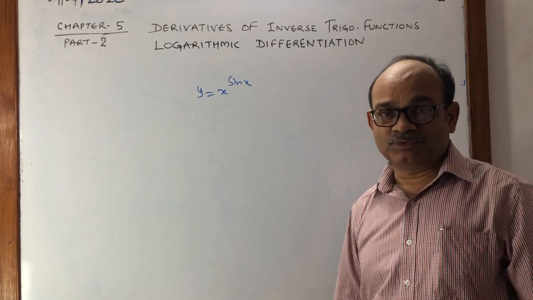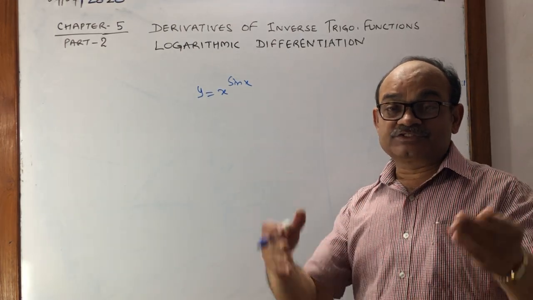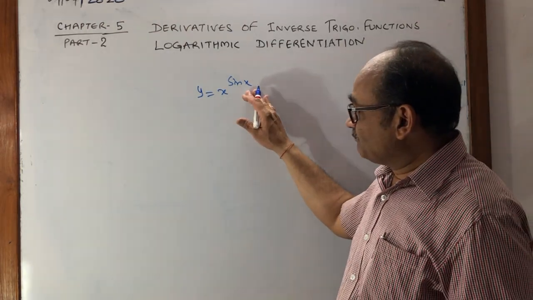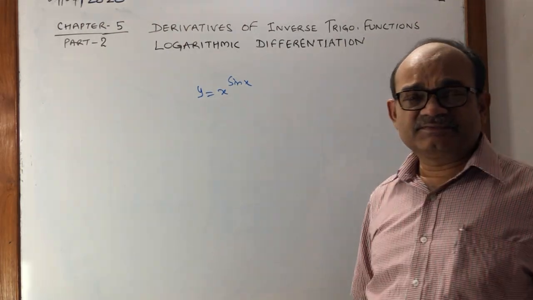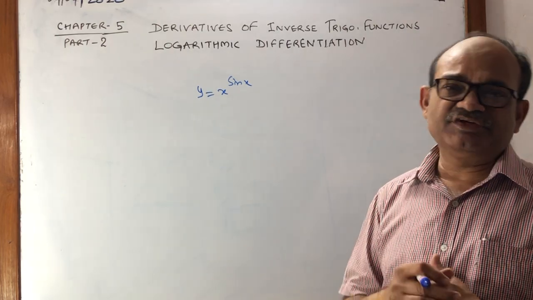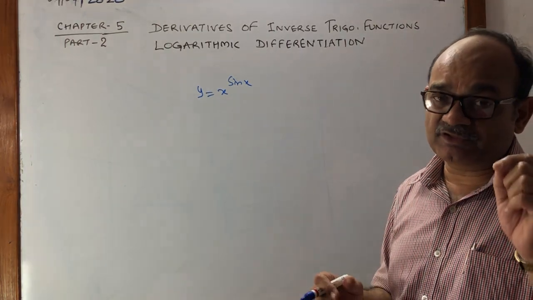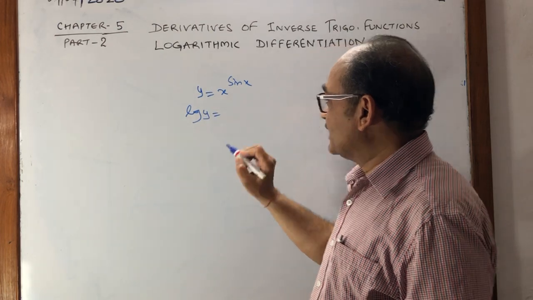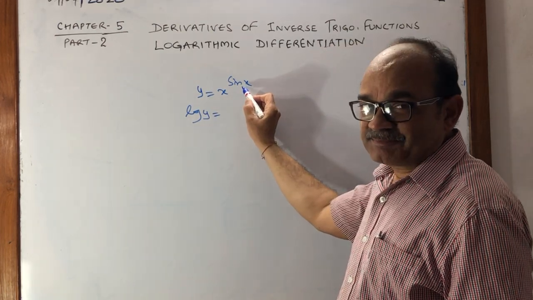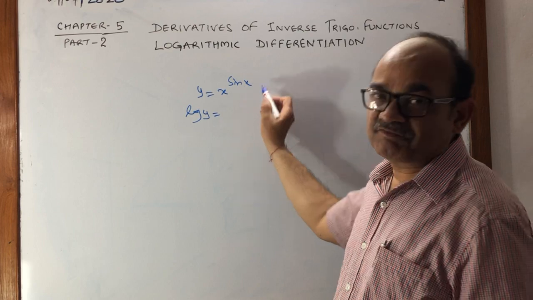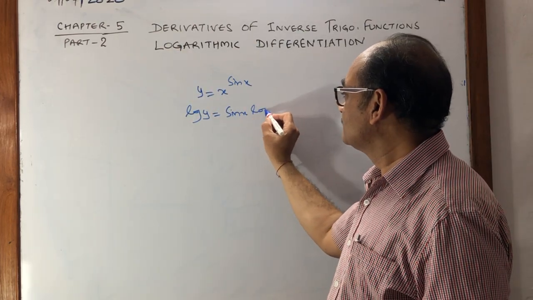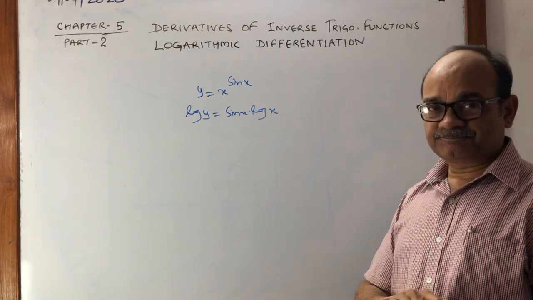We can't use the chain rule, we can't use implicit function. Power to power, these types of questions become very easy if we take log, because we have the log properties. Taking log on both sides, what was the property? Whenever it is a power, the power comes forward. So here sin x log x.